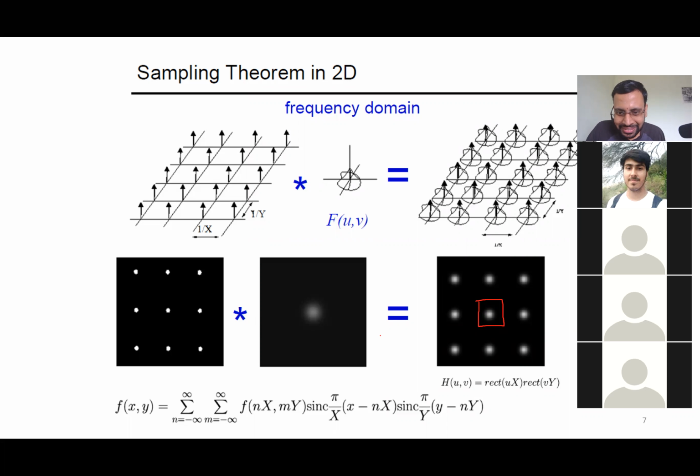This is the bed of nails, and this is, yeah, okay, sir, got it. That's right. And then on top of it, you would be multiplying it with rect of kx into x plus rect of ky into y. Just let me erase this because it is carrying over to the other slides as well.